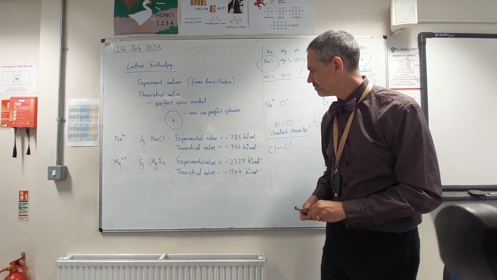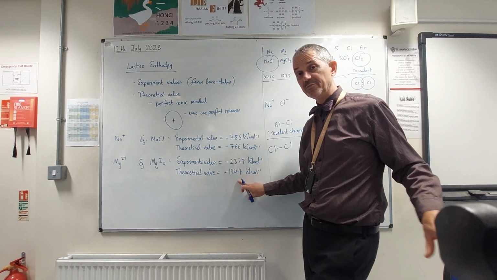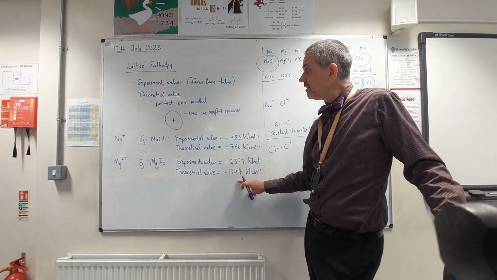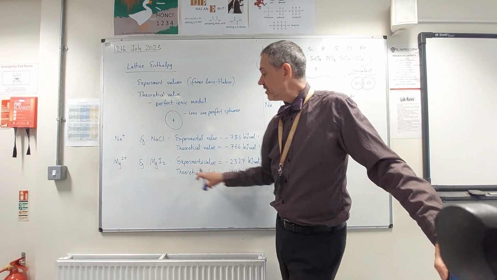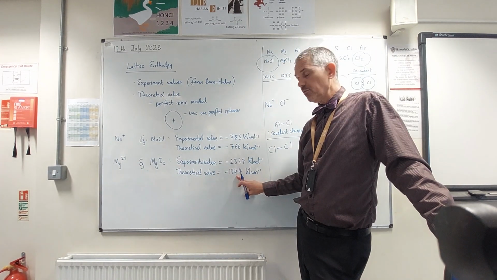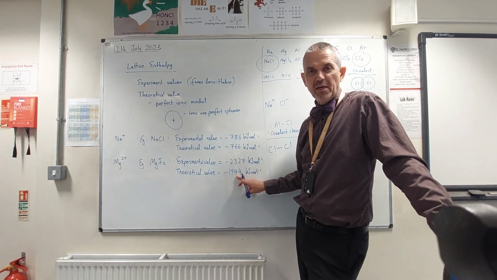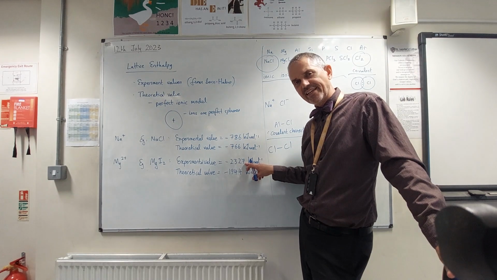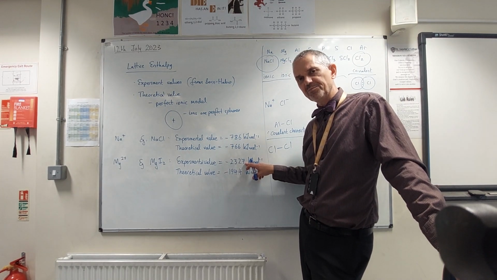extra bonding. So what we see here is theoretically imagining magnesium iodide to be made of perfect ionic spheres. We have a value, it's quite a big value, but when we actually measure that value using experimental data, we find it's much, much bigger.